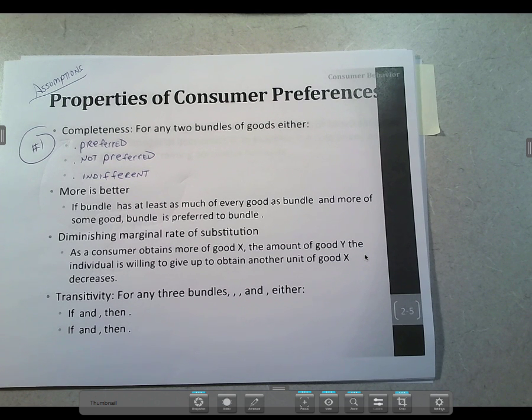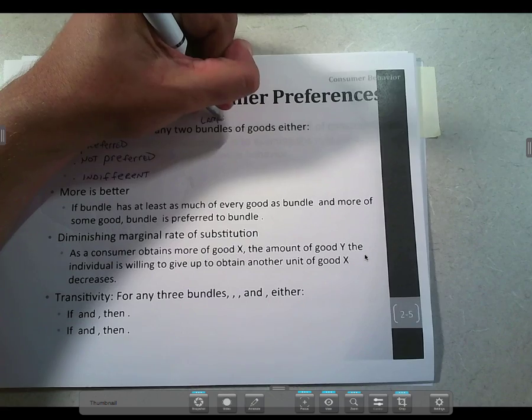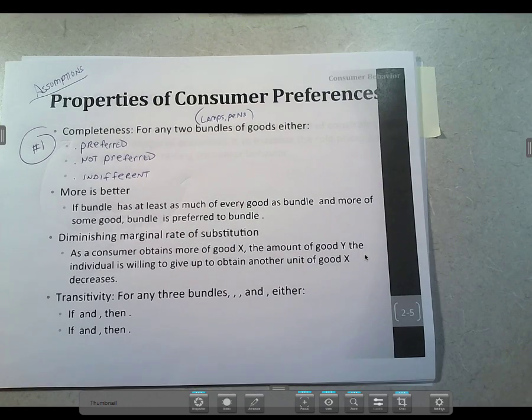So when we say bundles of goods, we're just saying, what if a person were just buying two products? Let's say lamps and pens. I'm just making up things. Okay, so let's say I have a set of lamps and pens, and I could have a certain bundle of goods. So here's the idea.